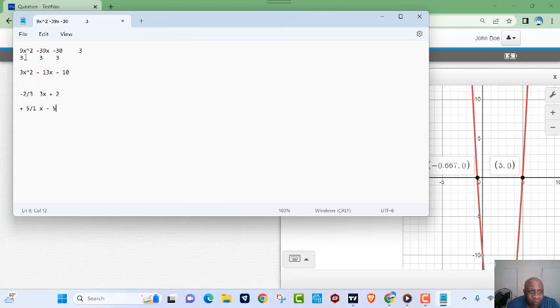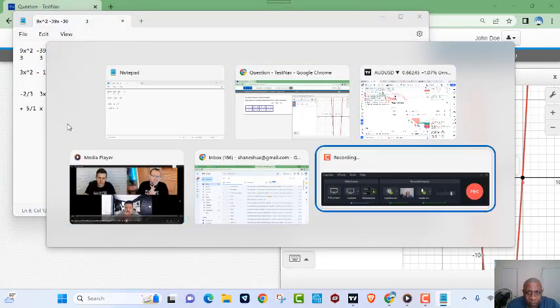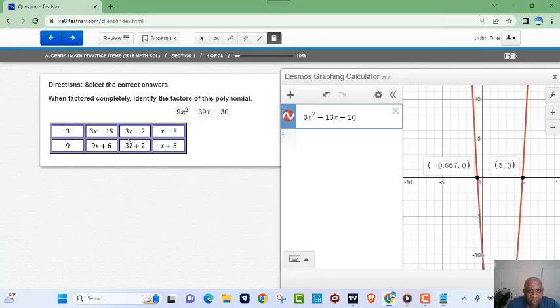So the factoring of the 9x squared minus 39x minus 30 is the 3, the 3x plus 2, and the x minus 5. And if we go back here, yep, so the 3, the 3x plus 2, and the x minus 5. All right, great.